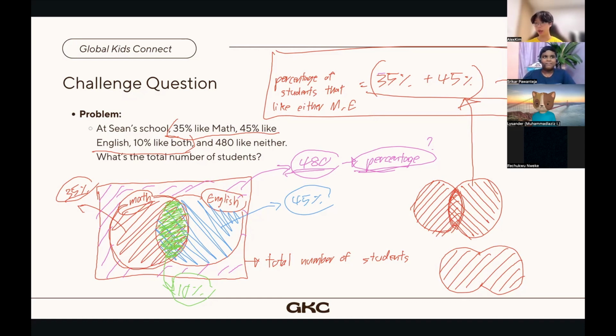And so you don't have to draw the diagram itself like I did here. I mostly did it just for the sake of easy explanation and easier understanding. But then you can just skip this step entirely and move on directly to this step and then solve for the total number of students.